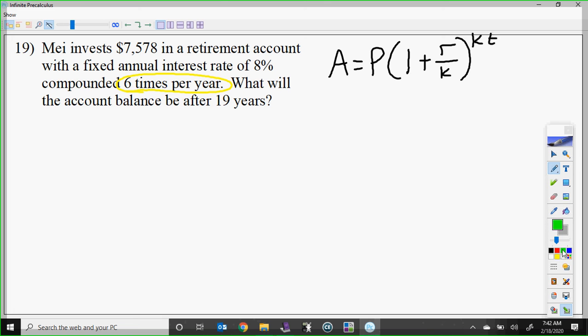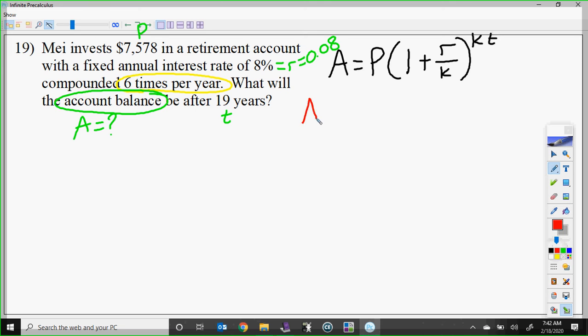It says she invests 7,578. That is our P. That's the one she's investing, putting in. With the effective interest rate, there's our R, and we're going to say it's 0.08. What will the account balance be after? There's our T. So that means, what are we trying to find? We're trying to find A.